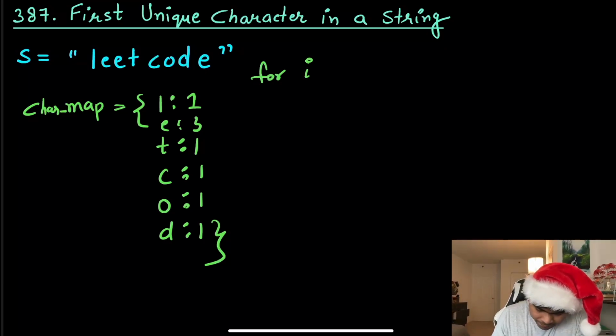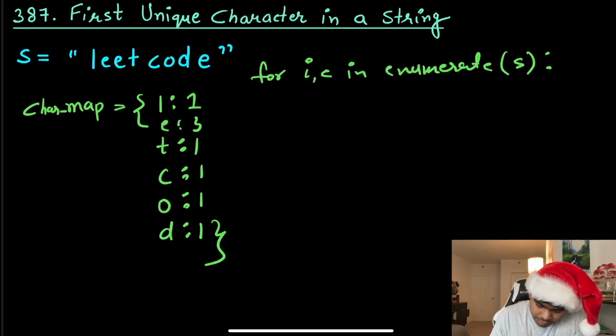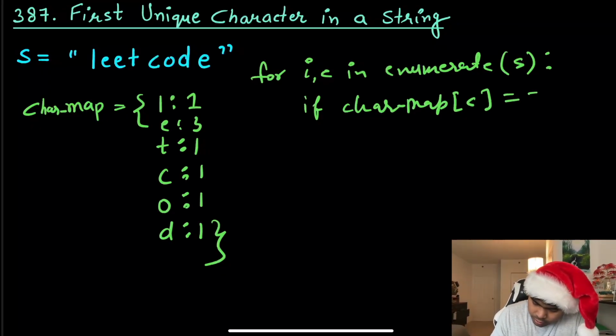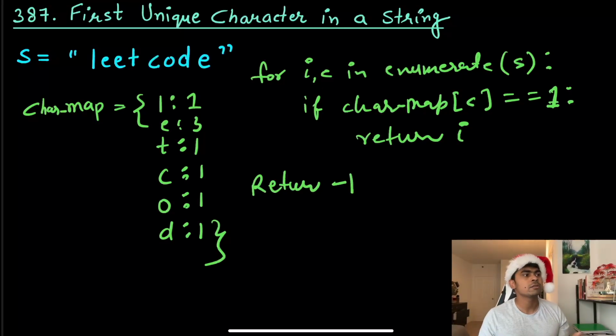For i and c in enumerate, that's the function to iterate over the index and character inside my S. If char map of c is equal to 1, that is my answer. So I will return i, otherwise I will return -1. That was the ask of the problem.